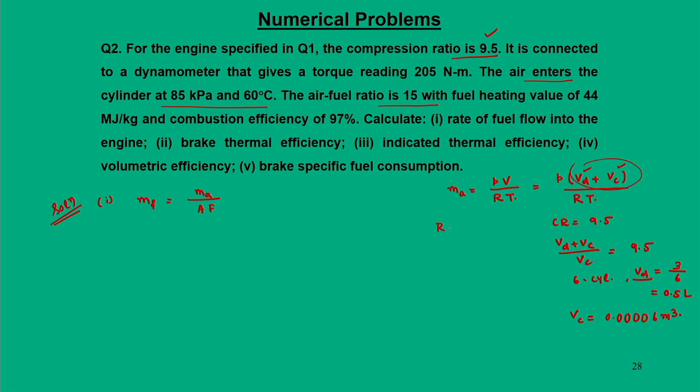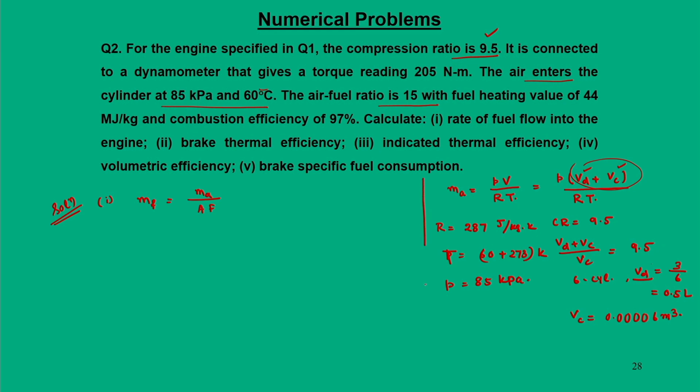We can take R as 287, just assuming that mostly it is air, joule per kg Kelvin. The temperature at which air entered is 60 degree centigrade, that is 60 plus 273 Kelvin. Pressure is 85 kilopascal.